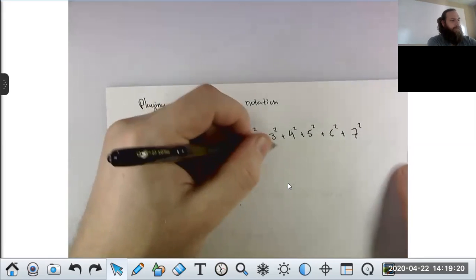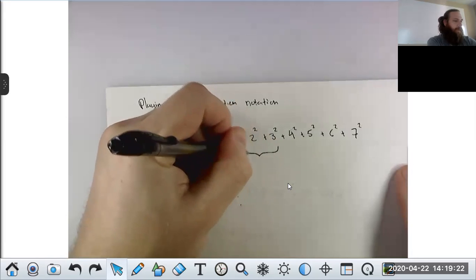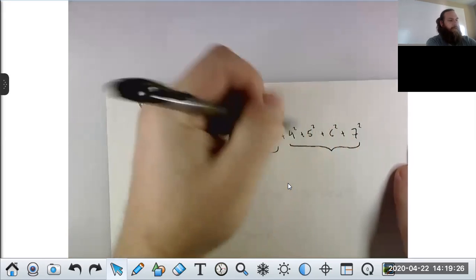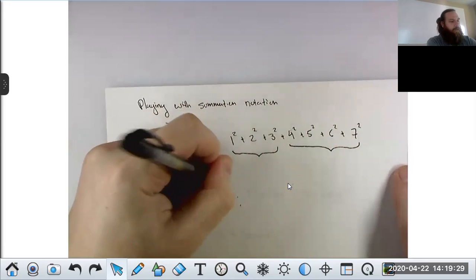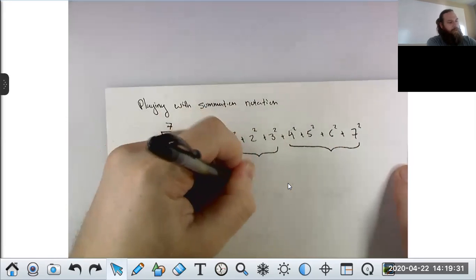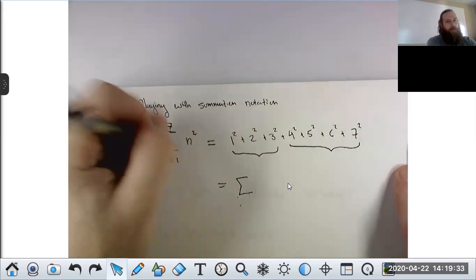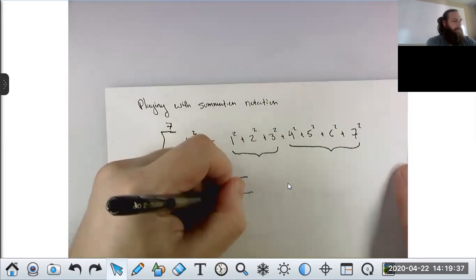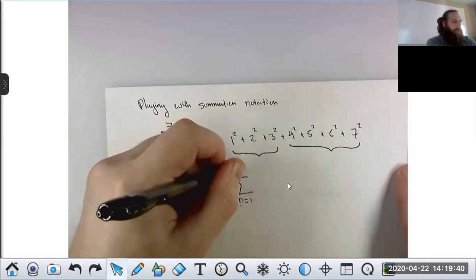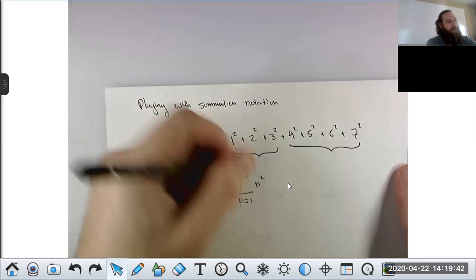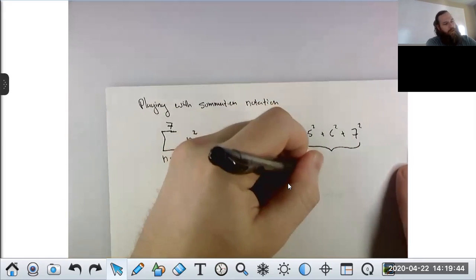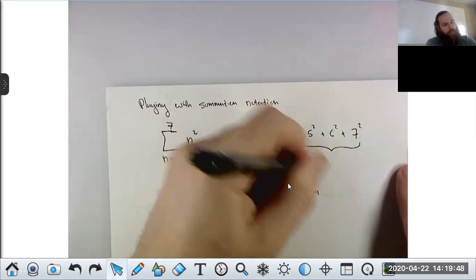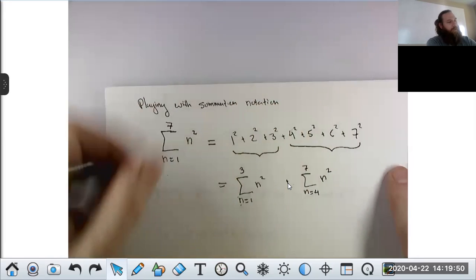I could take these first three and rewrite that in sigma notation, and separately take these last four and write that in sigma notation. So one of the other things you can do with this sigma operator is split up over the range of the indices. This first piece is the sum from 1 to 3 of n squared, plus the second piece, the sum from n equals 4 to 7 of n squared.